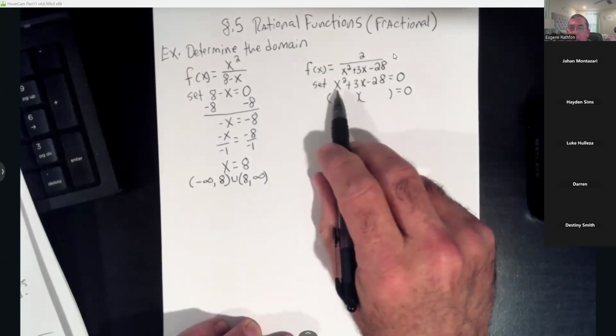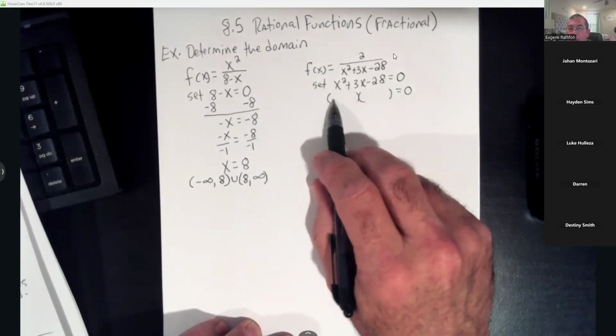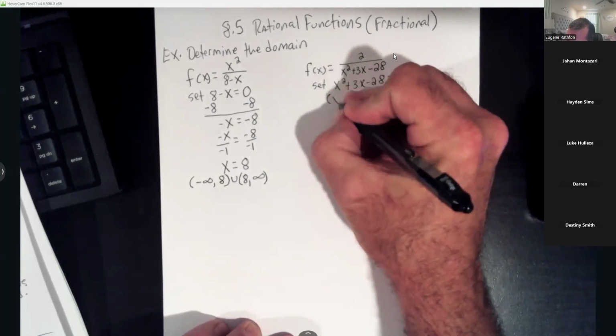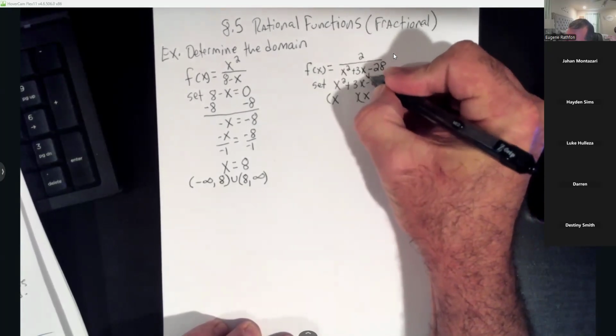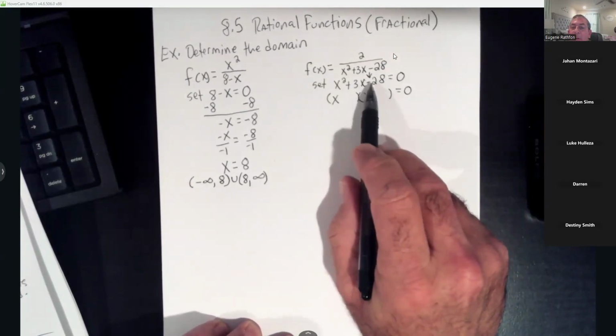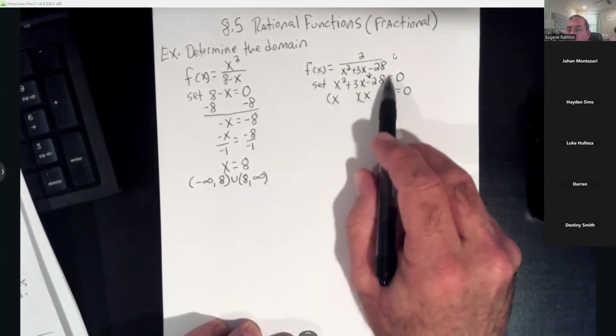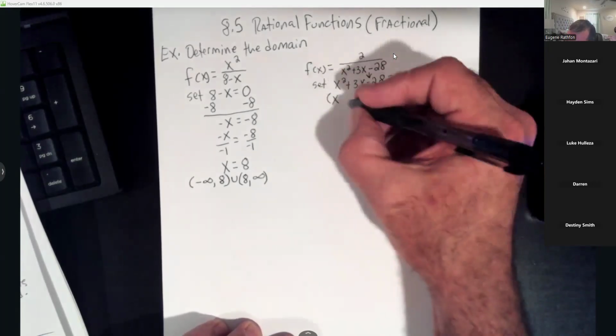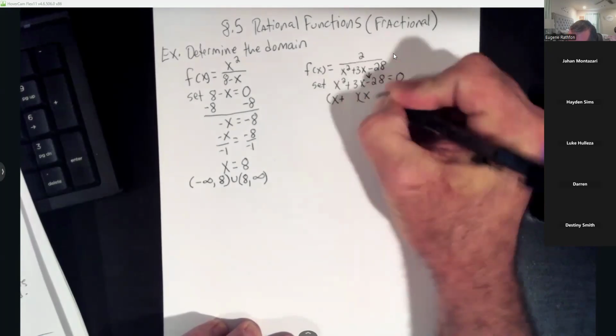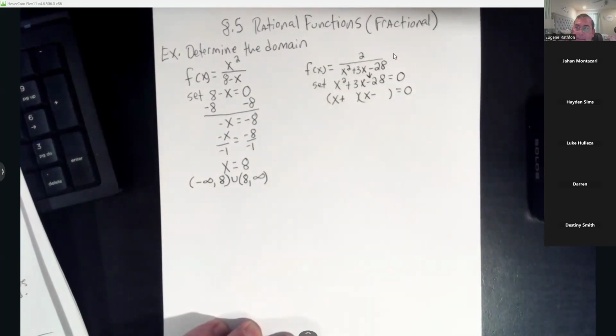I'm getting y'all better at factoring. So in the front of each parentheses, x squared would be an x and an x. All right, now I'm focusing on the last number. This last number is negative. So since the last number is negative, your two factors will have unlike signs.